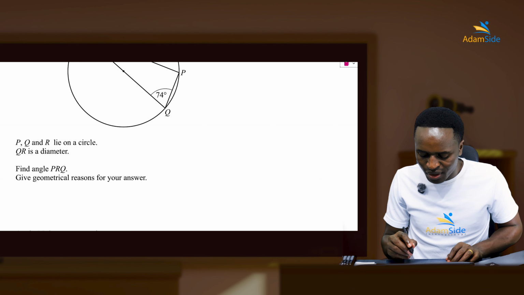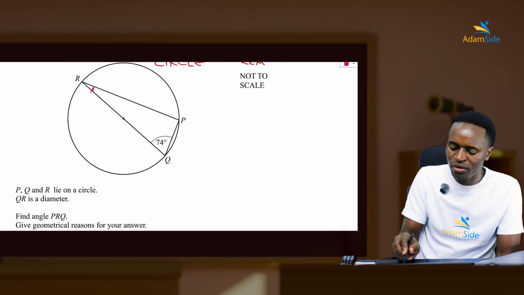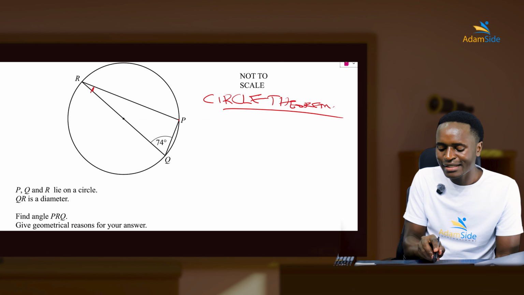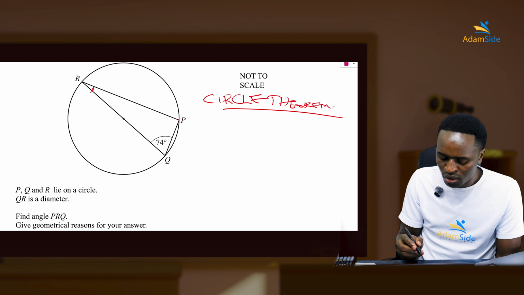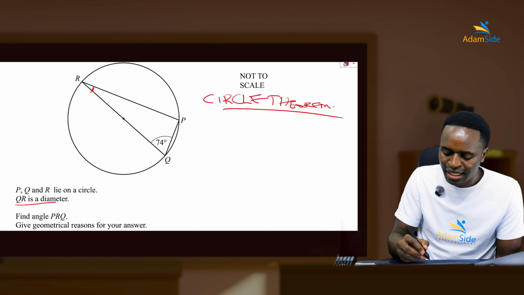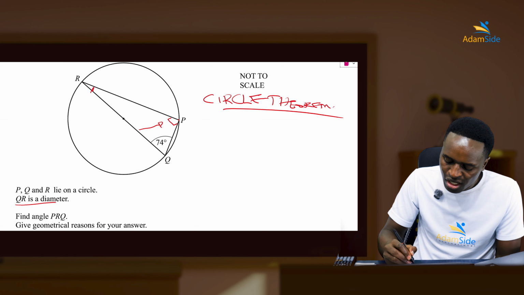Give a geometric reason for your answer. In the unit of Circle theorem, we just need to understand the laws. One law: if QR is a diameter and passes through the center, a diameter QR subtends an angle of 90 degrees at the circumference. So this is obviously a right angle, which is 90 degrees.